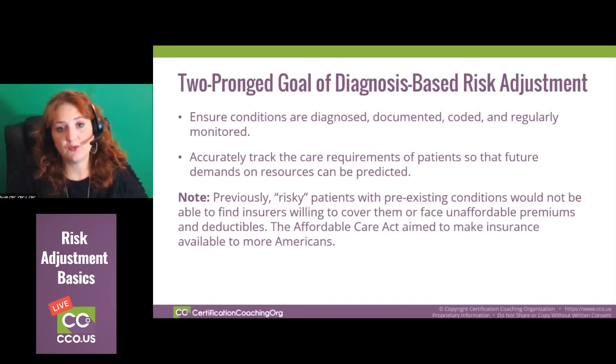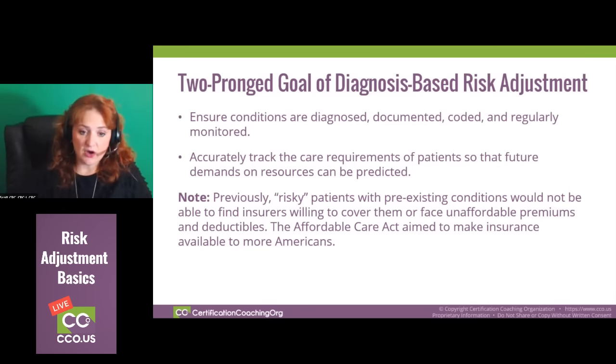Now, before the Affordable Care Act, we know that was one of the components of being able to cover patients that were at high risk, because in the past, if you were high risk, they would just drop you because you cost them money, right? And the Affordable Care Act took that away.